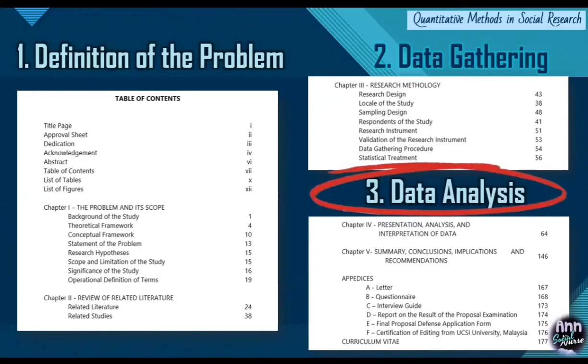Just like the research objectives or research problems mentioned previously, they looked for the possible significant relationships, and there were corresponding hypotheses for those research problems. So you are going to answer those research problems when you present your data here in chapter 4, after which you're going to conclude.